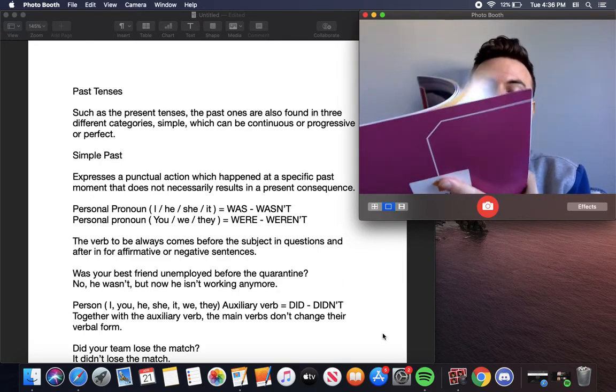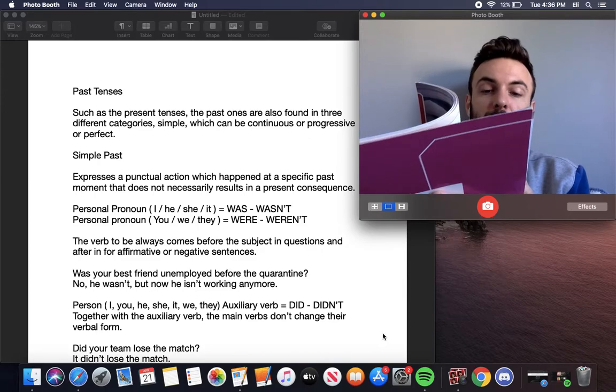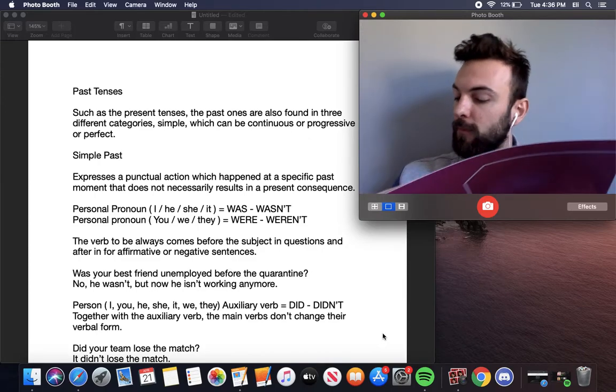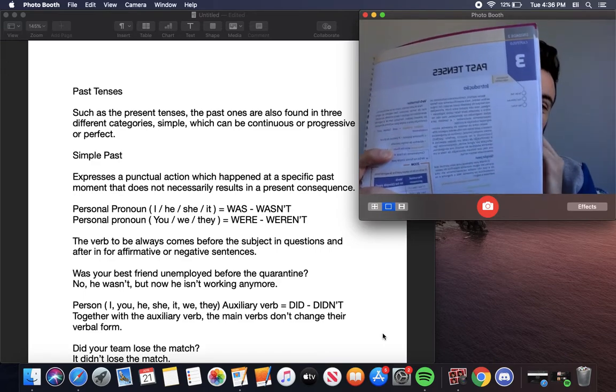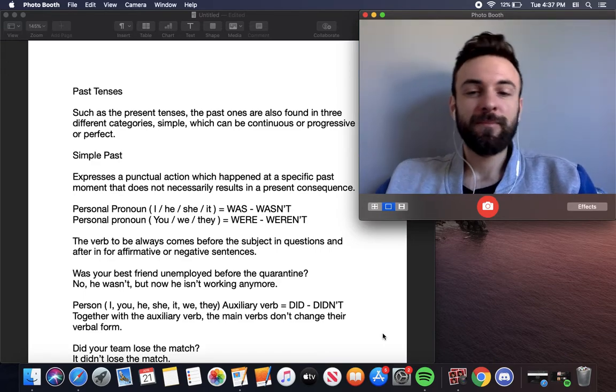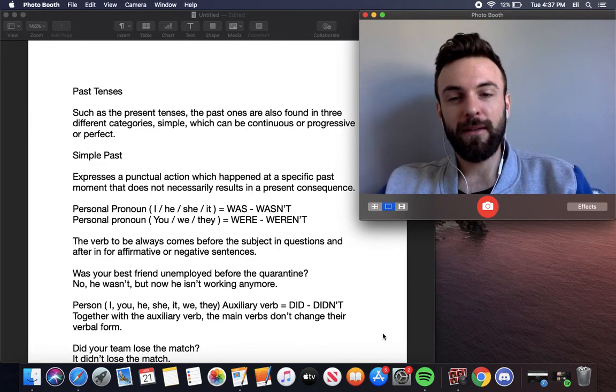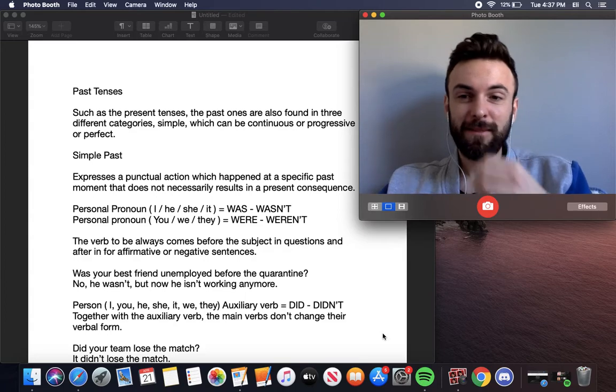With this book in hands, I ask you guys to get it open on page 46, past tenses. You get it open on this page, and we're going to be talking about past tenses.